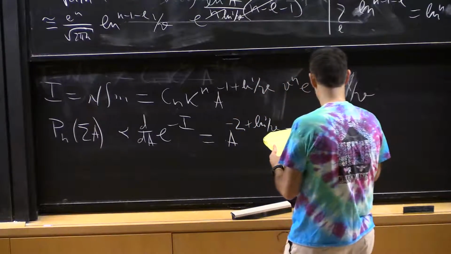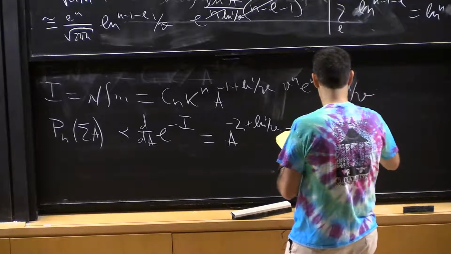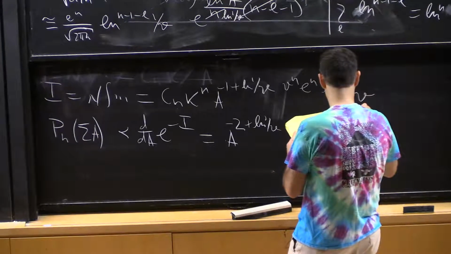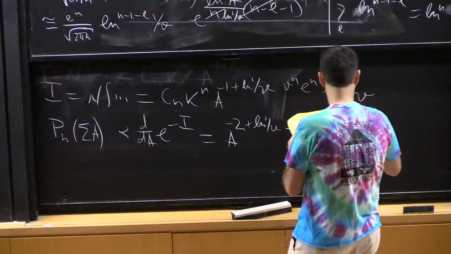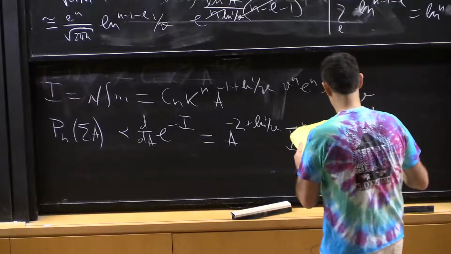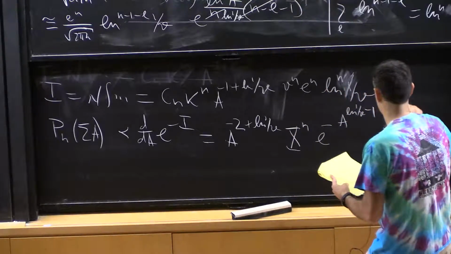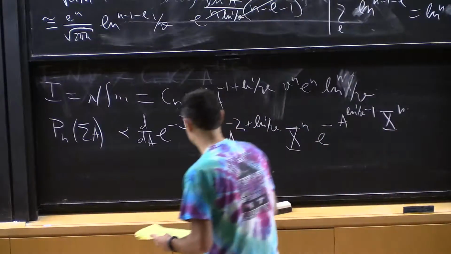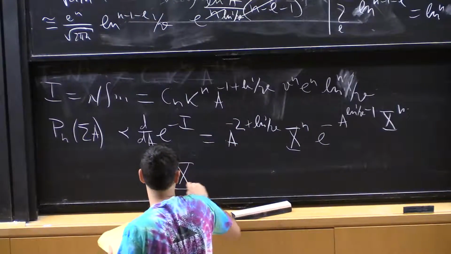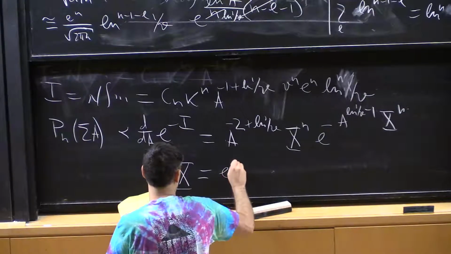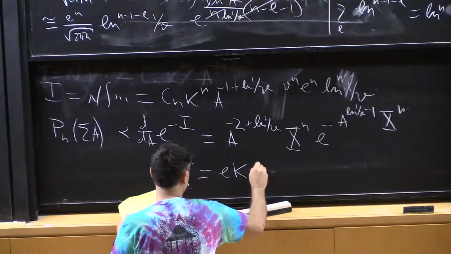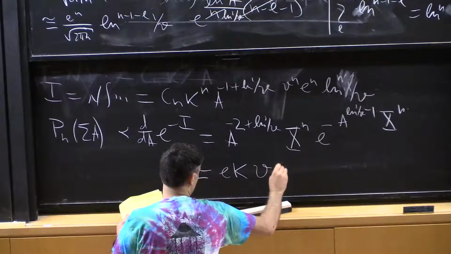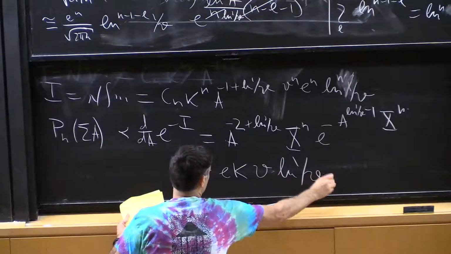So I'm defining a quantity that's independent of n, where I've defined this quantity which controls what the distribution does as n goes to infinity.